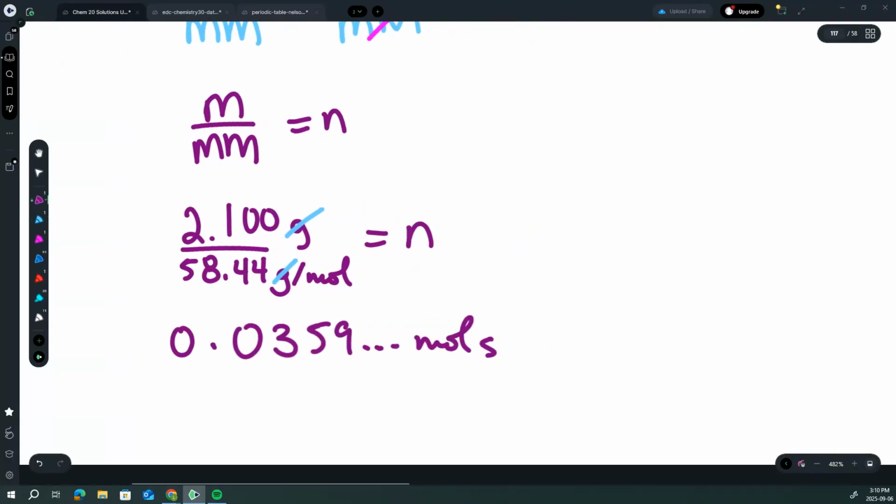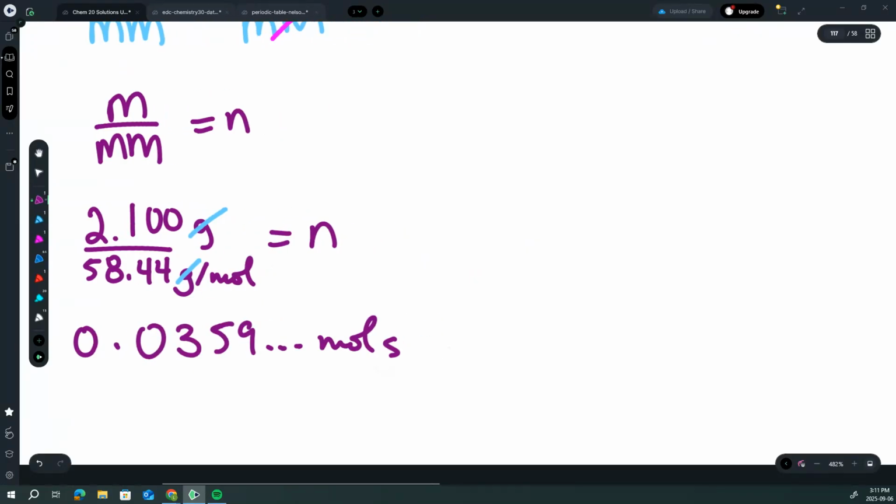Keep in mind the number has more digits than this, but I'm just writing out the first 4 digits after the decimal. The ... means that I'm going to use the full number from my calculator for the next calculation.